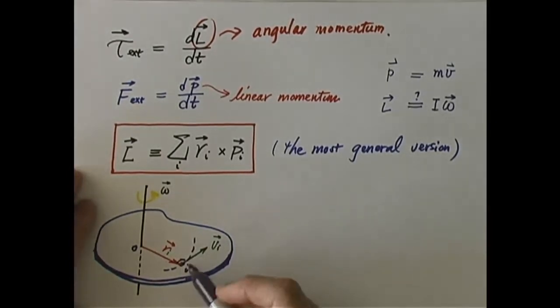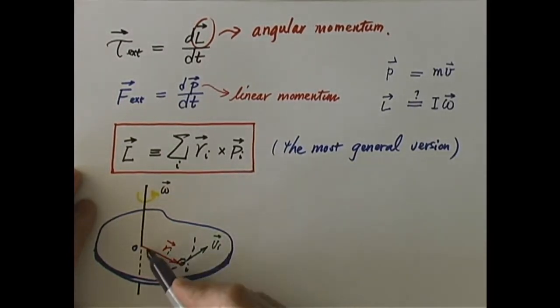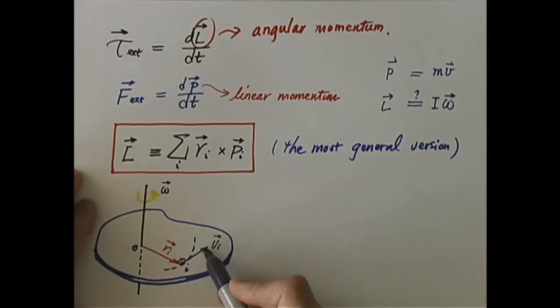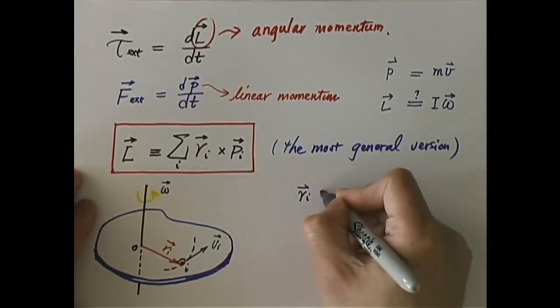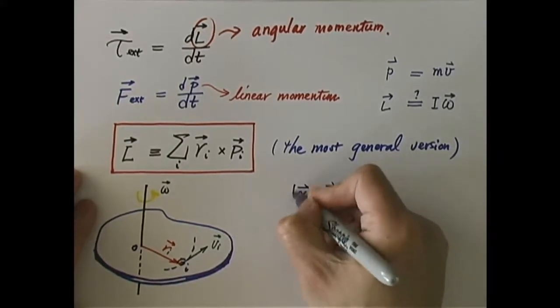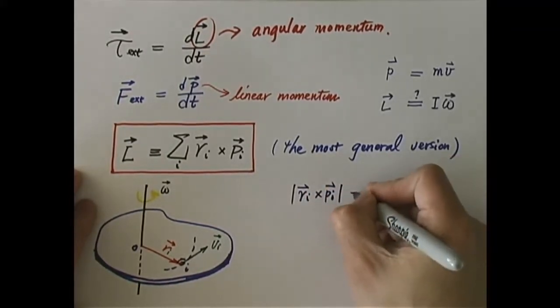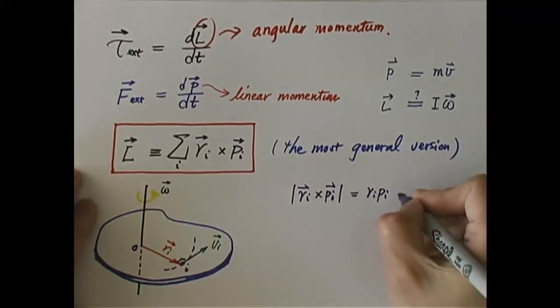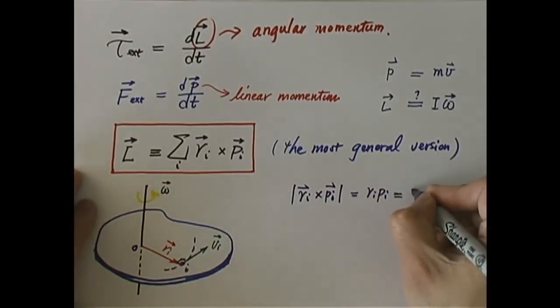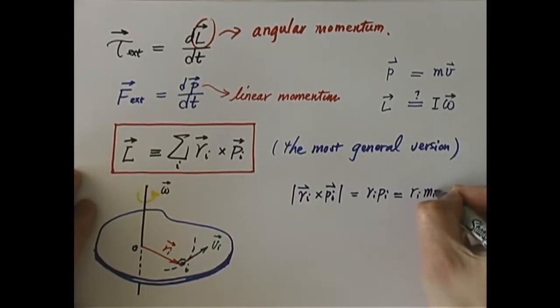Well, that would be r cross p. R and p are perpendicular to each other, right? Because r is radial and p is along the direction of v, which is tangential. So ri cross pi, the magnitude, what is that equal to? It's just ri pi times sine 90 degrees. Now pi is mi vi, so that's ri mi vi.